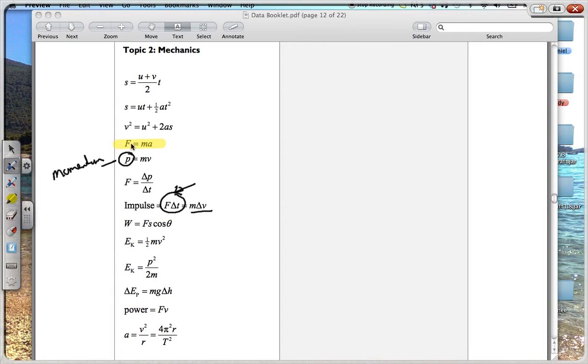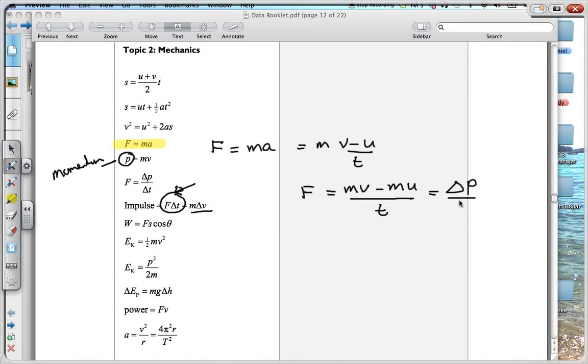Now we can rewrite Newton's second law, F equals ma, because a is equal to v minus u over t. We get F is equal to mv minus mu over t, and this is your change in momentum over the change in time.